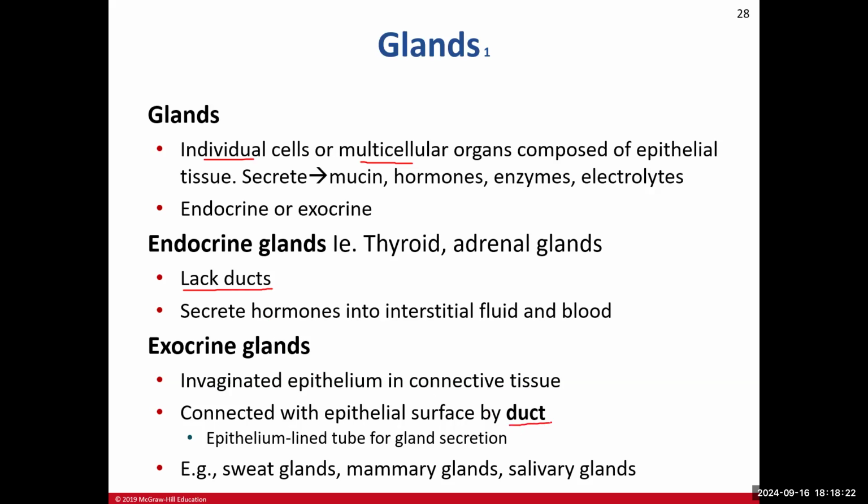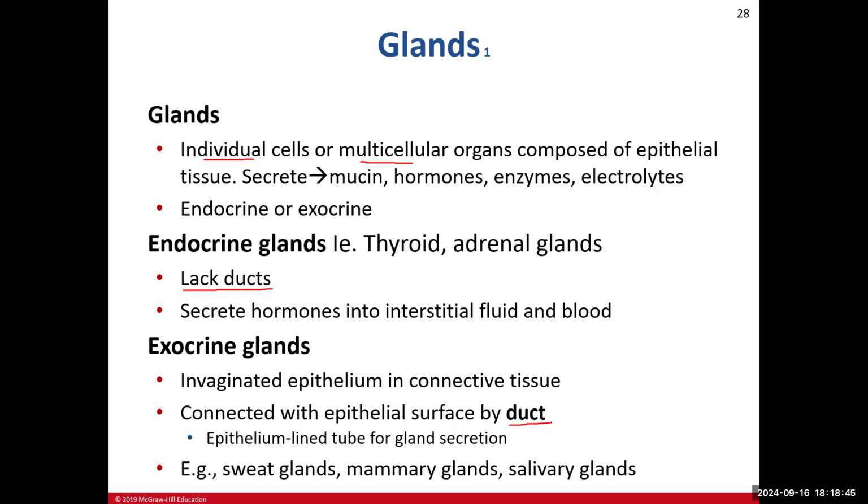And basically, these glands came from epithelium that used to be superficial, that used to live on the outside of your body before you really even had a humanoid body. And what happened was that epithelial tissue pushed its way in during development. It pushed its way into the deeper parts of your skin, for example, and your tissues there.